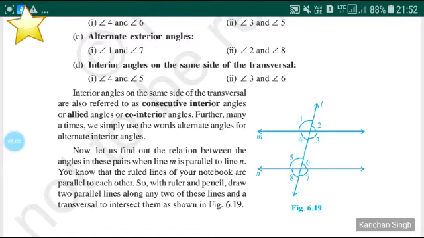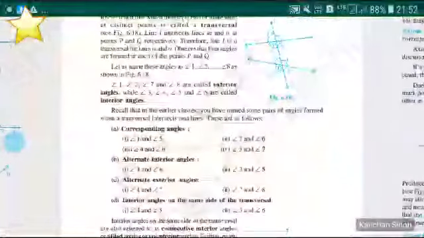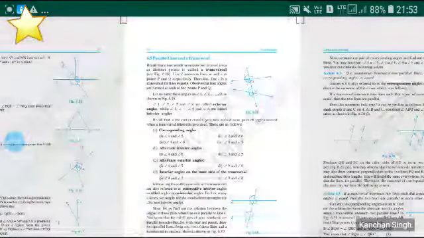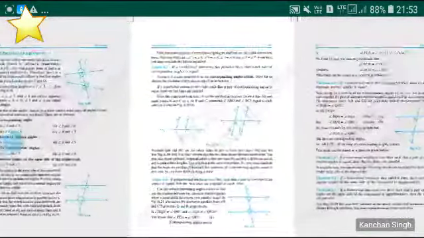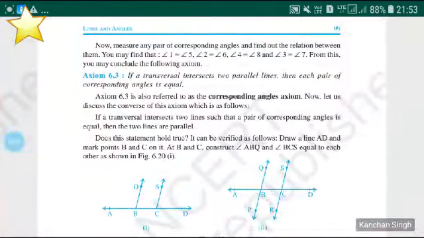All these things are known to us, and this will help us in solving problems. After that we will learn some properties.